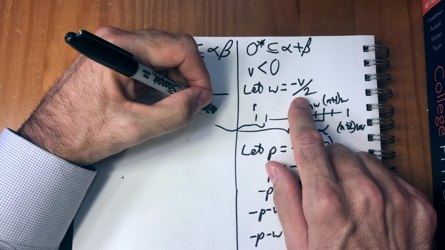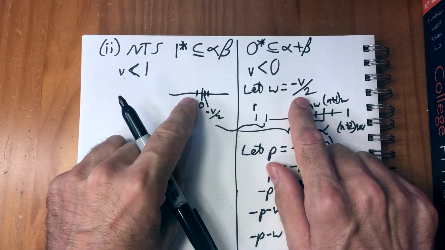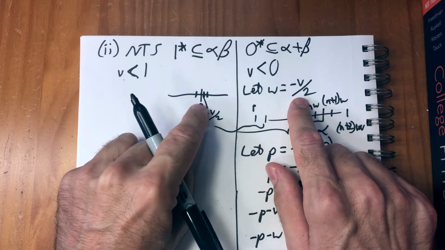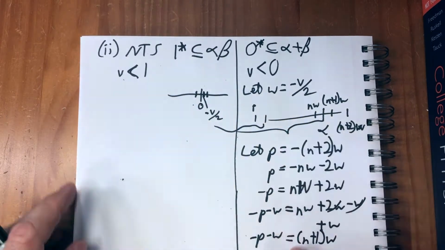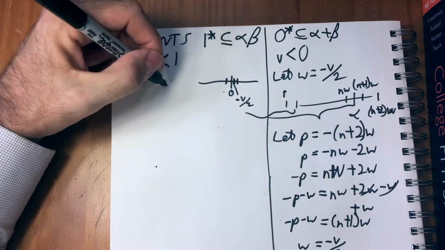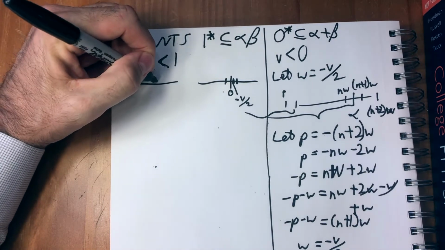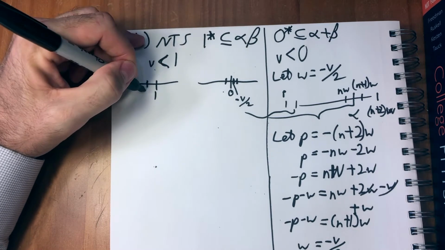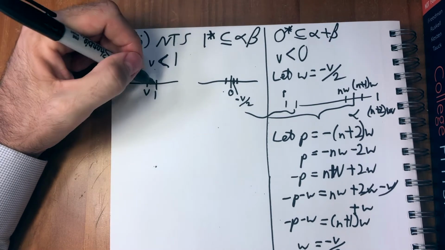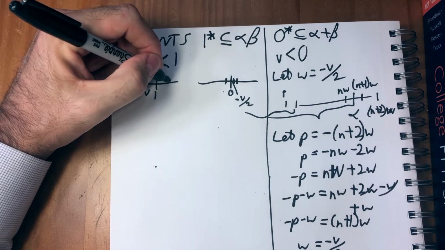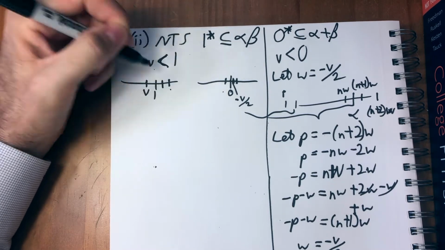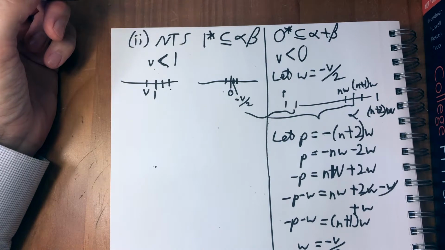So this is minus v over 2. So it's basically the inverse of v and then halfway closer to the identity. So here we have 1 instead of 0, and we have a v that's arbitrary. So we want the inverse of this, and halfway is close.